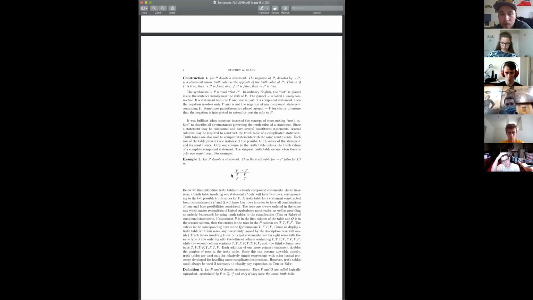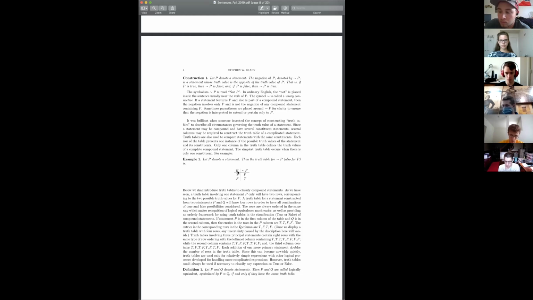So what we do is we put rows in: when I'm in row 1, I'm assuming P is true. When I put in row 2, I'm assuming P is false. And the question is, what is the meaning of not P when P is true? Now, I said that wrong. I said it on purpose, but I said it wrong. I don't really care what the meaning of the statement is.